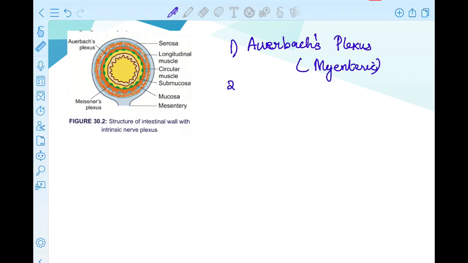And we have the second network, that is Meissner's plexus. This is also known as the submucous plexus.